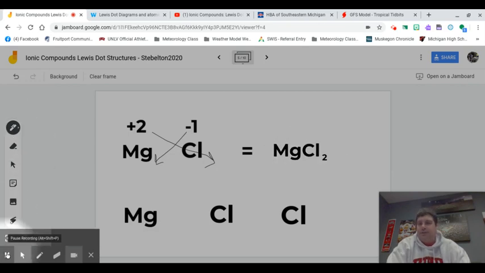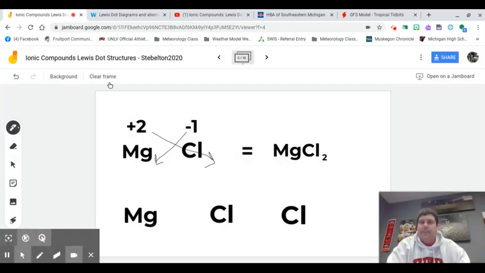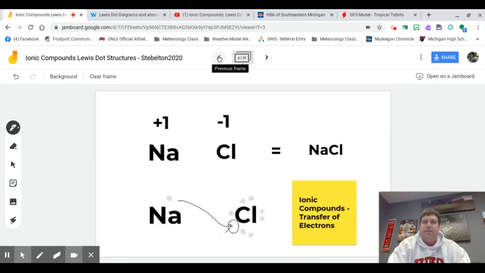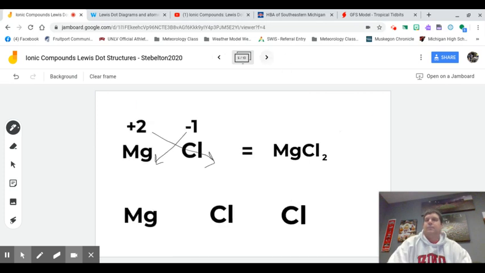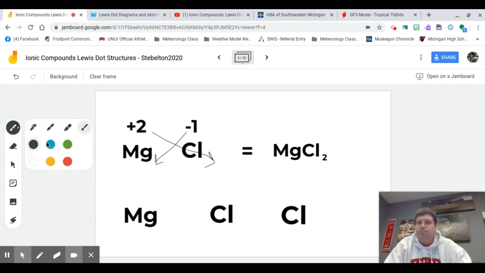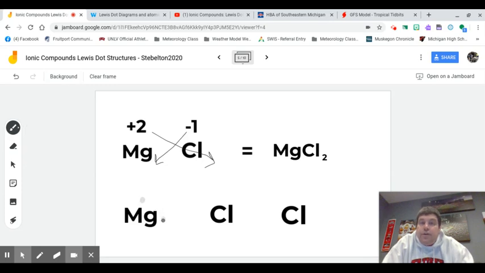So I'm going to do the dots around these, and I'll go back to the periodic table to show you how to get those dots. Magnesium has 2 valence electrons. So here's the dots for magnesium. Magnesium has 2, 1, 2, and chlorine has 7.